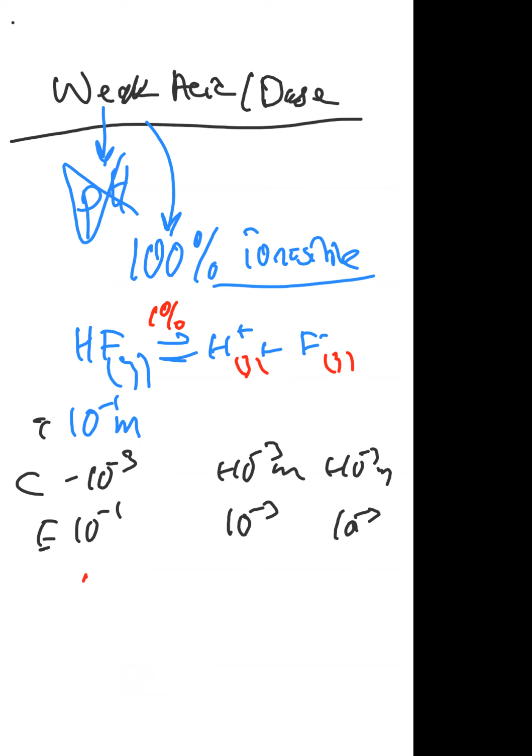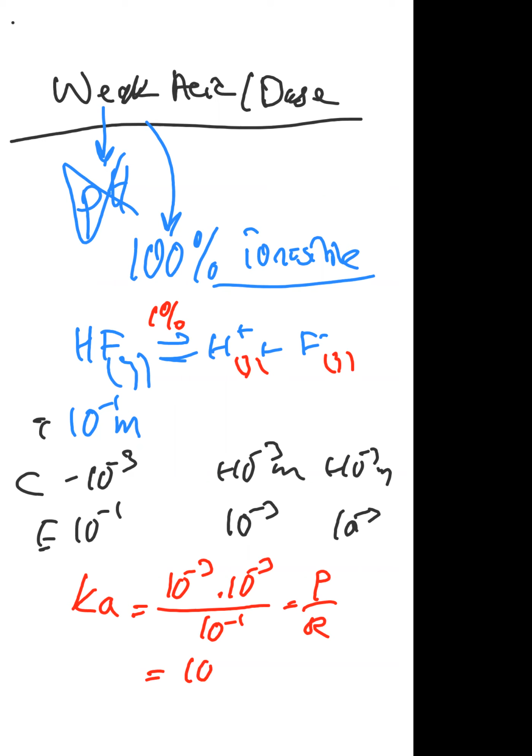Then we have such an equilibrium state, which contains concentration of 10 to minus 3 and 10 to minus 3 and 10 to minus 1 accordingly. Those are concentrations for products and the reactants. Then the ratio will be something like 10 to minus 5, which can be stated as the dissociation constant for a weak acid.